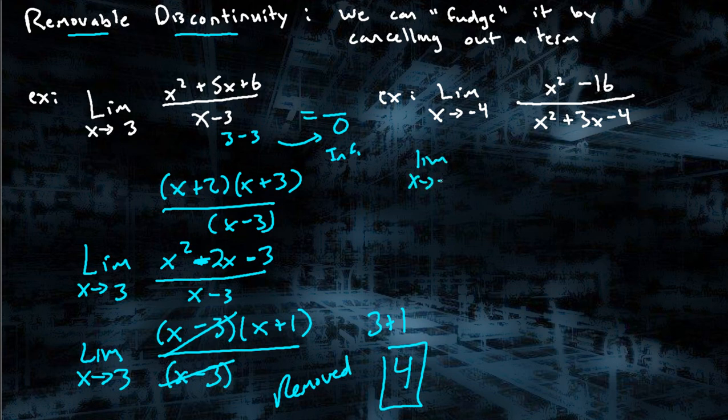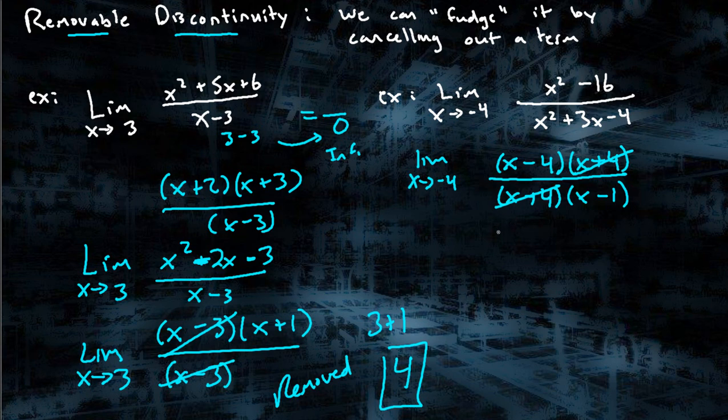So I'm going to do the limit as x approaches -4, and I'll factor the numerator, and I'll factor the denominator. Okay, and I didn't factor the numerator correctly. One of those should be plus. Cancel.